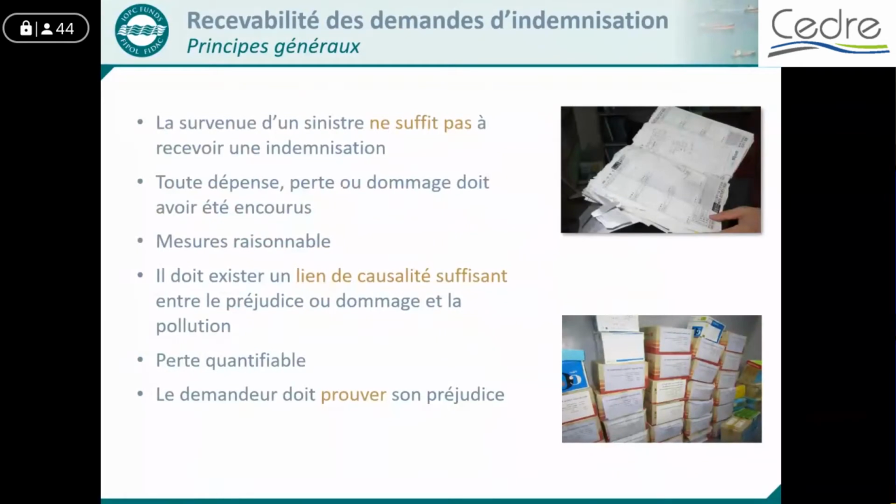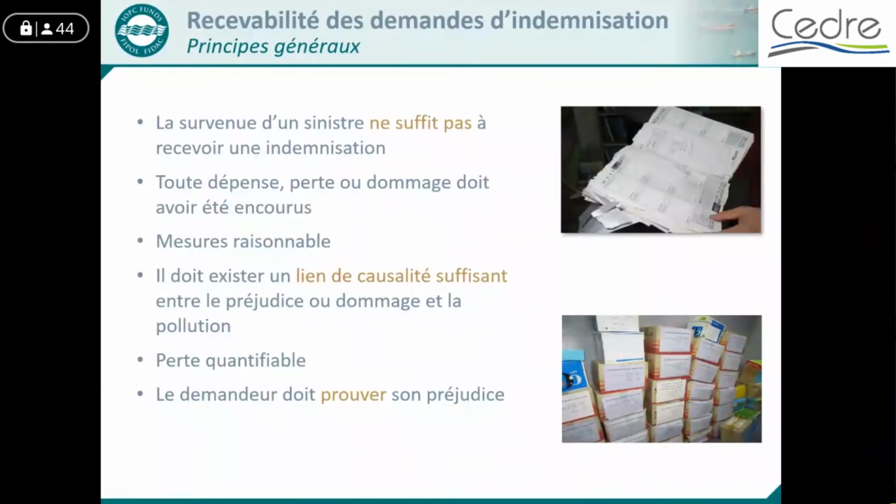General principles that seem pretty obvious, perhaps. You say it's not enough for a spill to occur for you to receive compensation, that expenses, loss, or damage have to be incurred. This is true of any form of insurance policy.